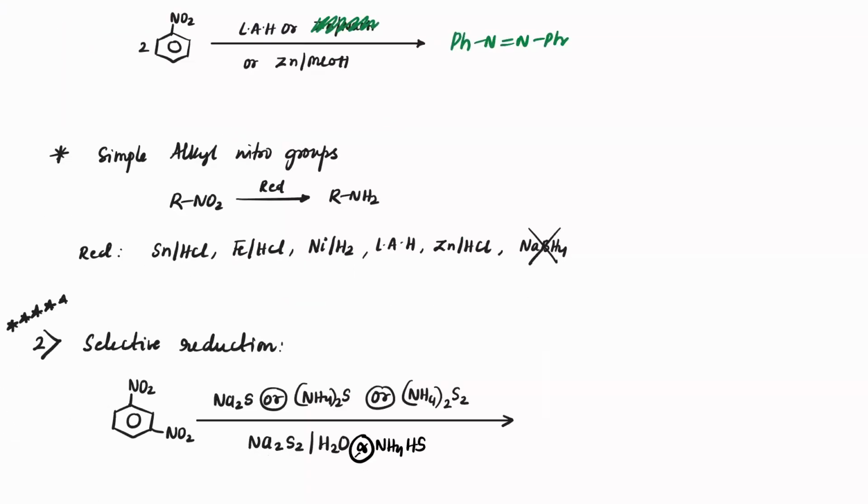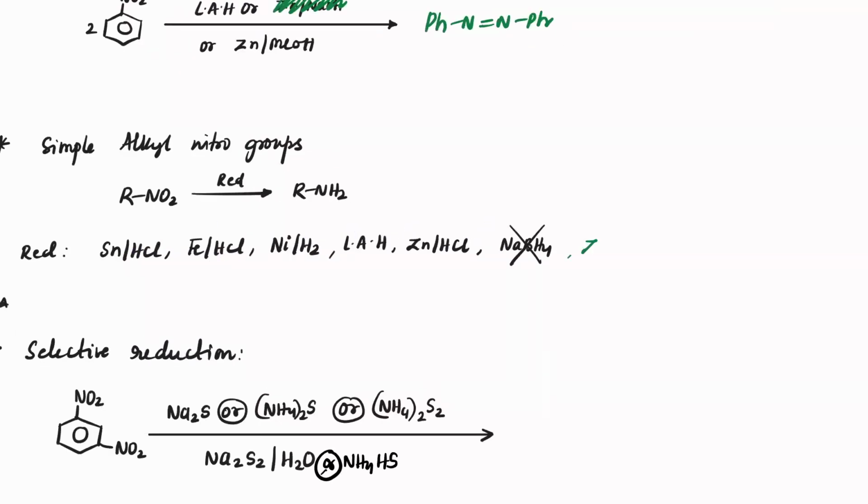While if you have a simple alkyl nitro, every alkyl nitro on reduction, whether with Sn/HCl, Fe/HCl, nickel, lithium aluminum hydride, zinc in HCl, or even zinc in NaOH, all of these would convert that into simple amines only. Here there is no such distinction. The problem comes only when you have it on a benzene form. Right, everybody? This is how the reaction will take place.